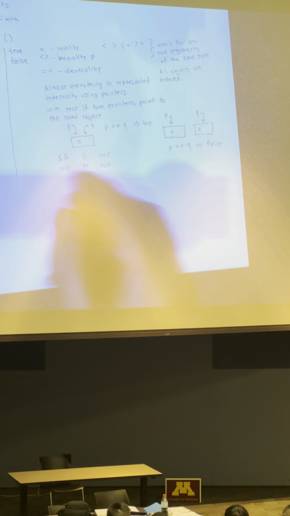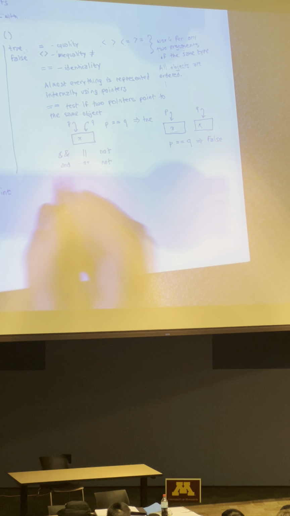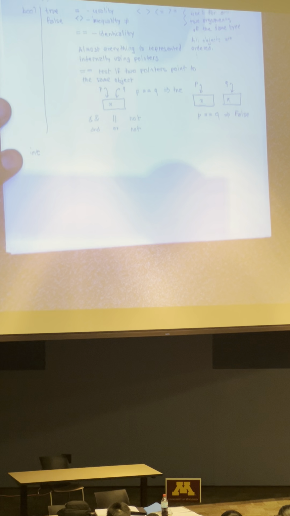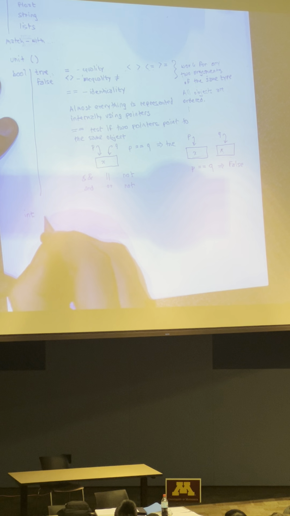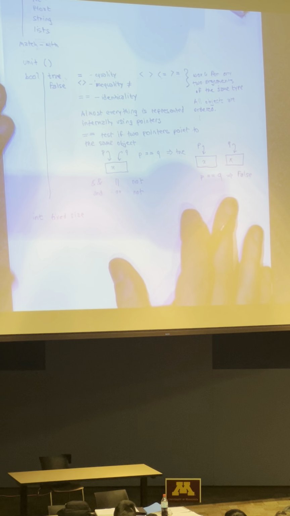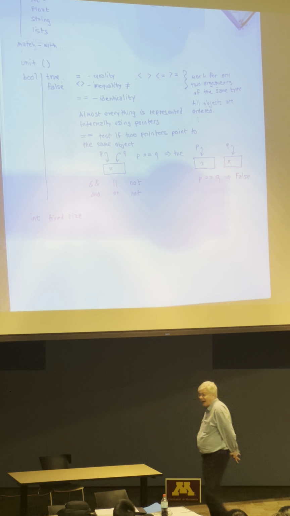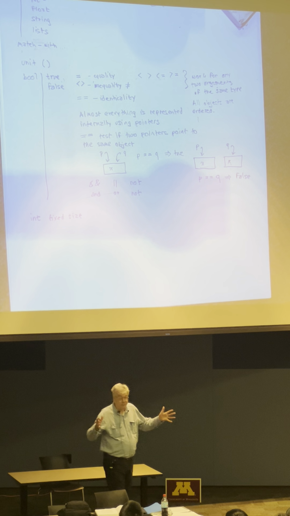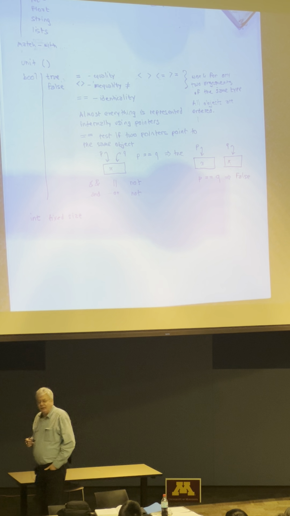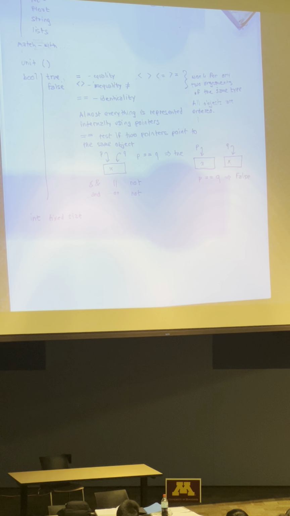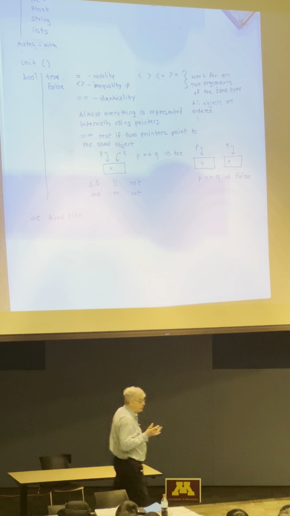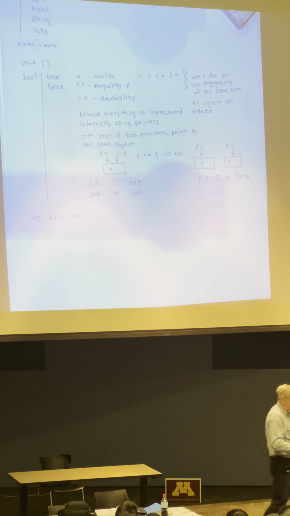Let's see, what else do we have here? So integers. Well, integers have a fixed size in OCaml. They're not like Python integers that get bigger if needed, and they just use the underlying arithmetic that's in whatever computer you have, but with one weird little difference.